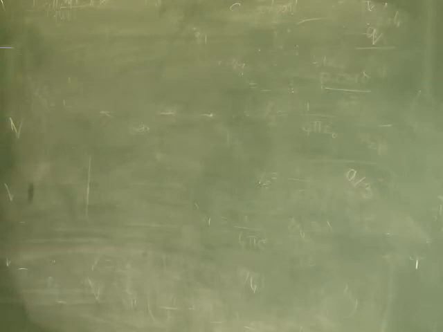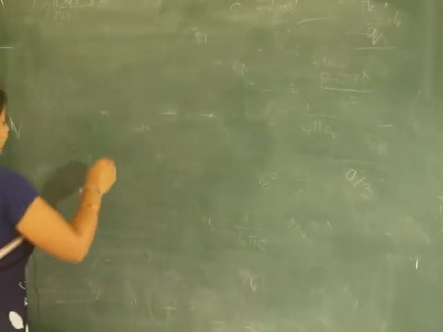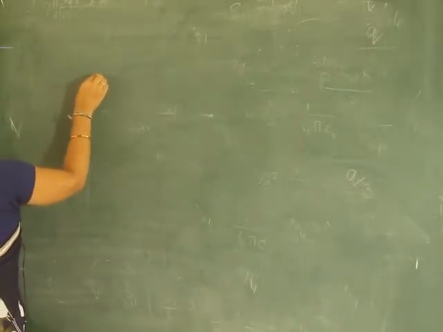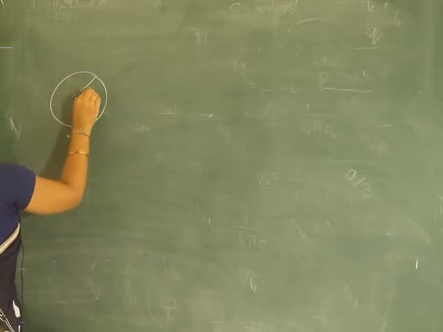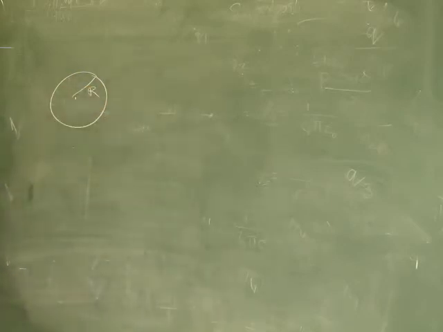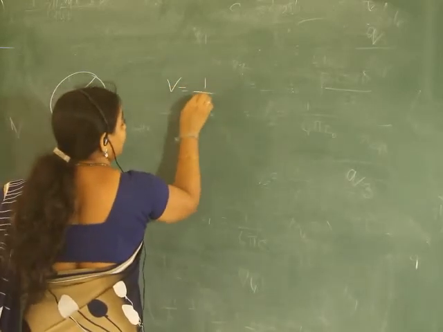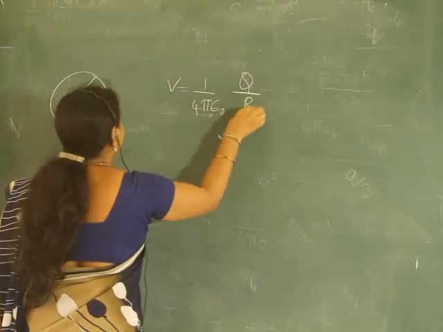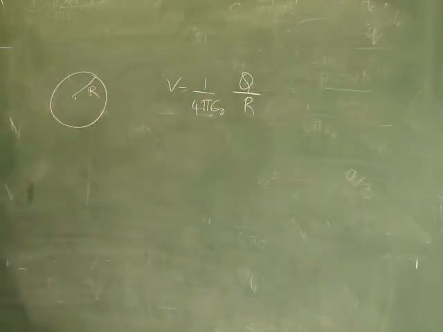For potential, we are not going to derive it, but we are just stating the potential. For a shell of radius R, the expression is V is equal to 1 by 4 pi epsilon naught Q by R, if R is the distance.